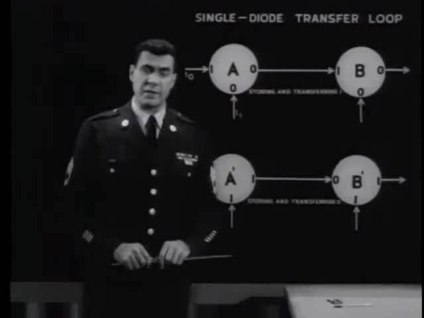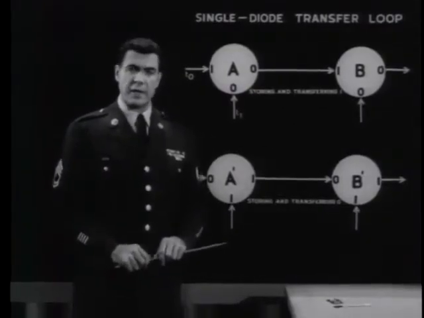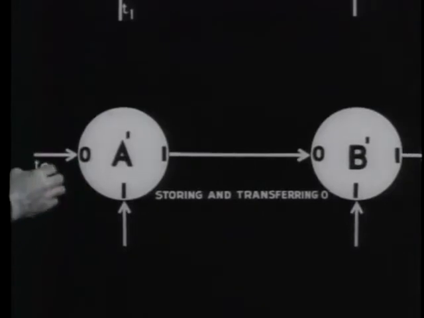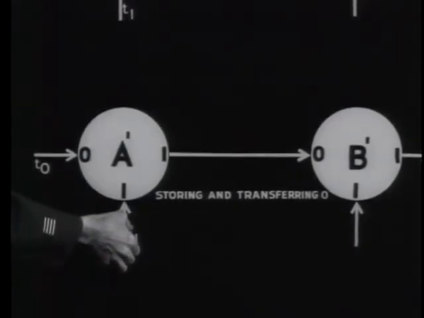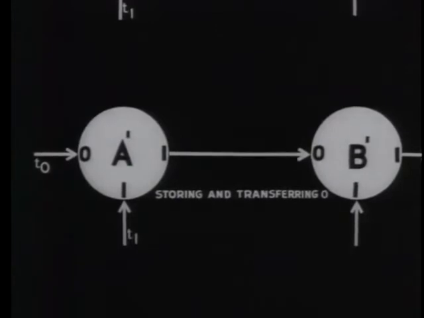And in both cases, the transfer was physical. That is to say, it was done by producing an output pulse that switched the next core in line. And in both cases, we were able to control the time of the transfer. The input pulse at time t0 placed the bit in storage, and it was held there until the shift pulse at time t1 transferred it.